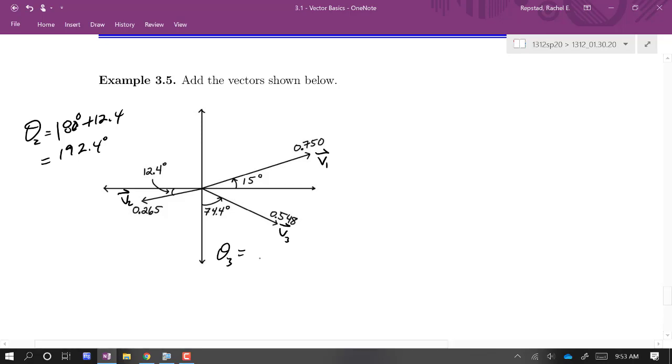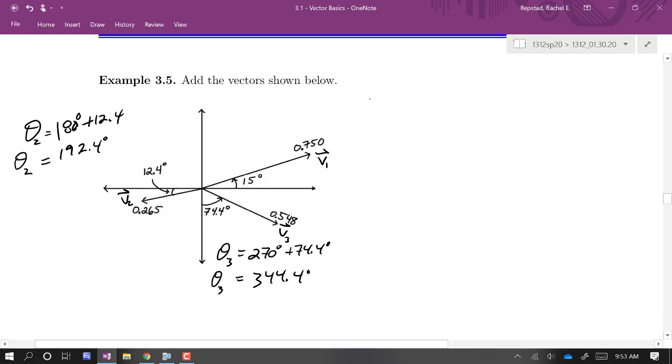I was going to go backwards, but I saw what they gave us. Yeah, so we've got to add to 270 there. Plus 74. What is it? 344.4. Great.